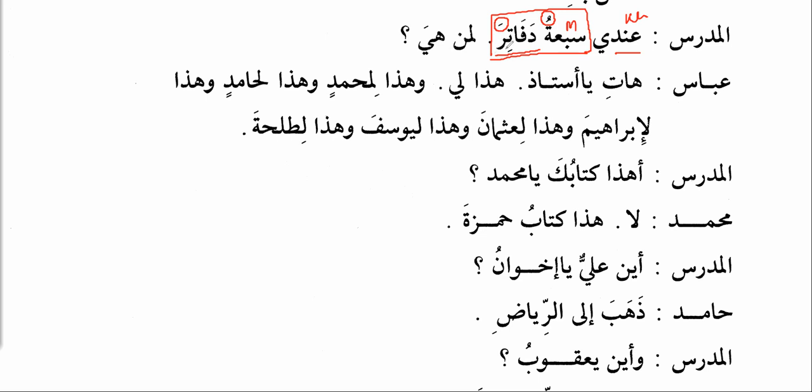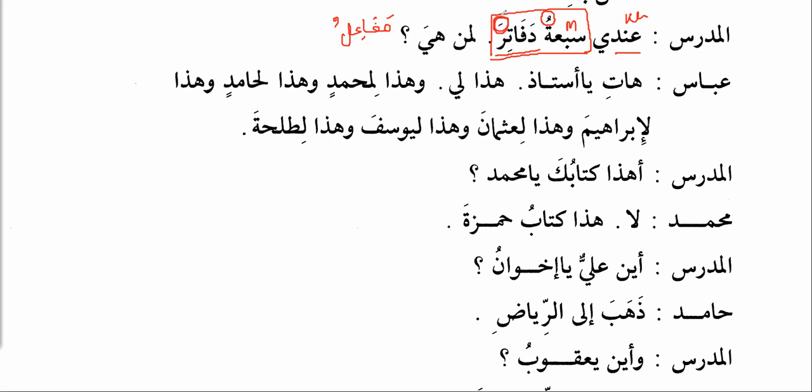Remember the previous lesson, this is from the broken plurals and it is following which scale? Mafa'ilu. Mafa'ilu. And this is from the ghair munsarif mafa'il scale, and in the majroor case it cannot take a kasra, instead it will take a fatha.